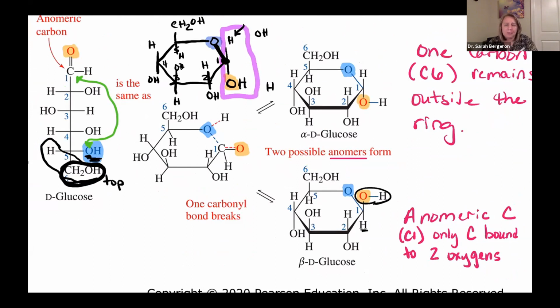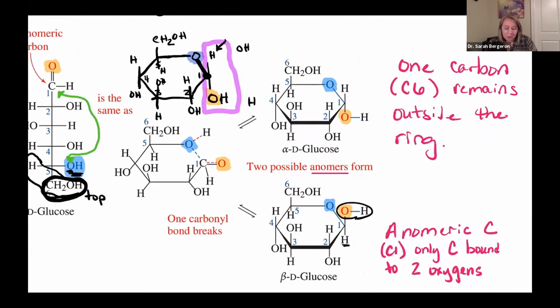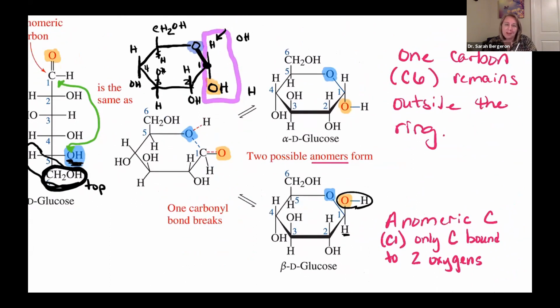And so how do you remember what's what? Well, we look at how the hydroxyl is arranged in relation to the carbon group that comes off of carbon 5. Here's my hydroxyl, in relation to my group that's coming off of carbon 5.